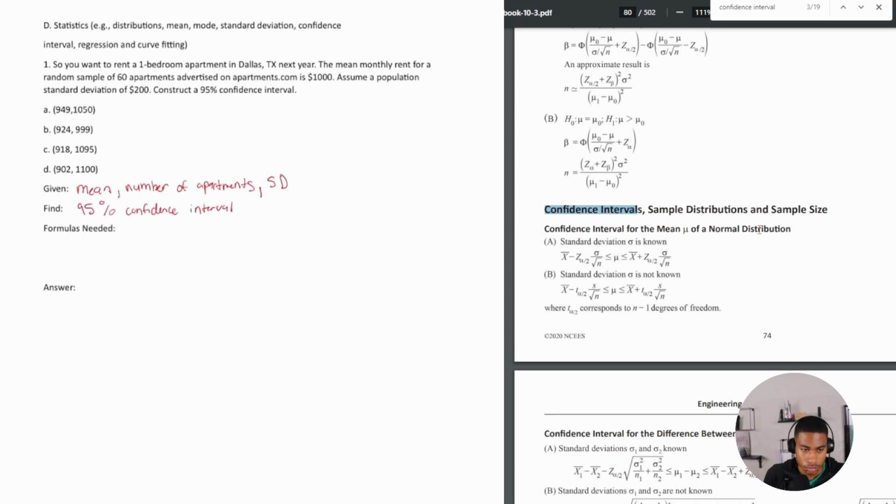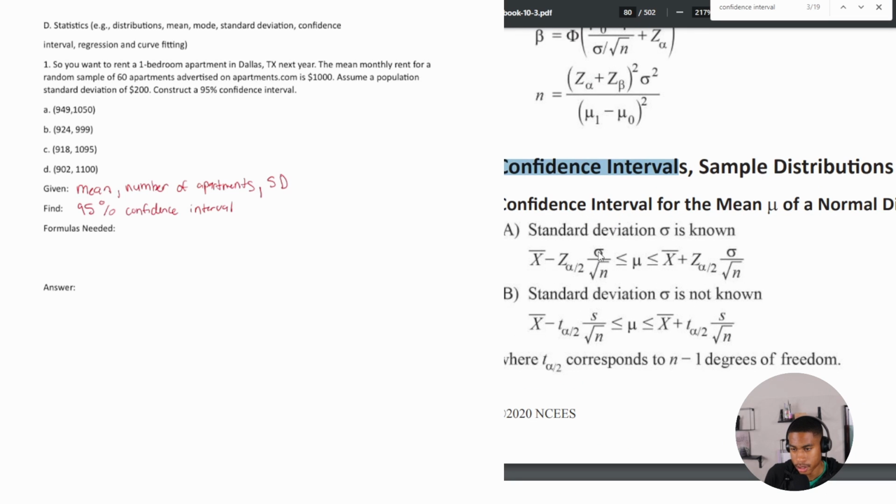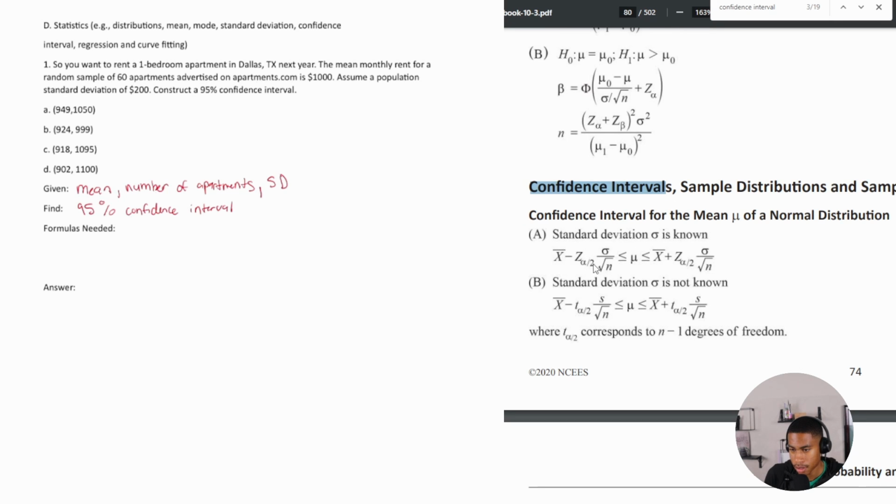So I do know that the standard deviation is known. And so X bar represents my mean. And then Z alpha divided by 2, I don't know what that is. This symbol represents the standard deviation. And then N is the number of samples. So basically, it seems like I have a good amount of variables that I can work with, right?